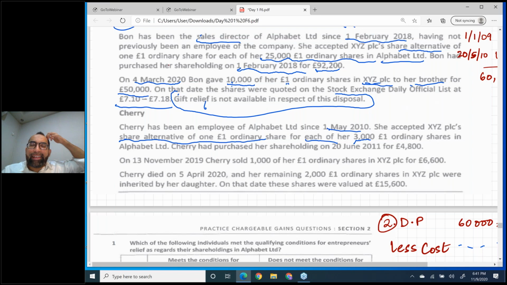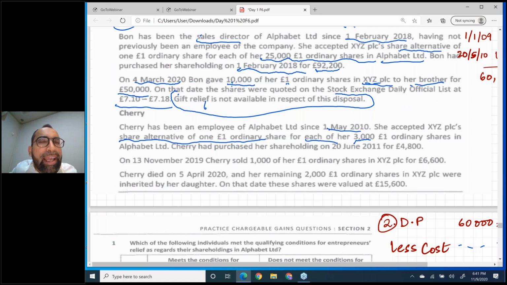My dear, look at me. The total number of shares of Alphabet Limited was 100,000, but unfortunately Cherry had only 3,000 shares. So 3,000 is just 3% of 100,000.